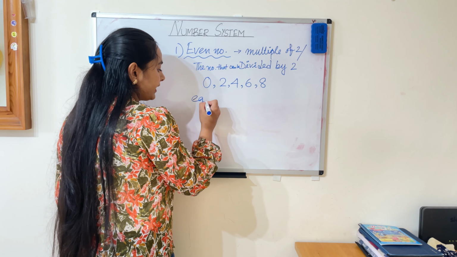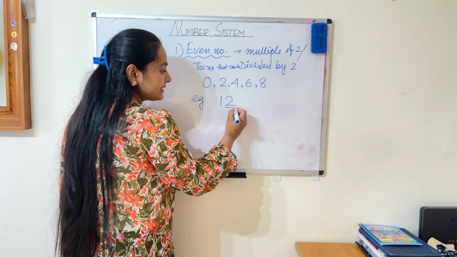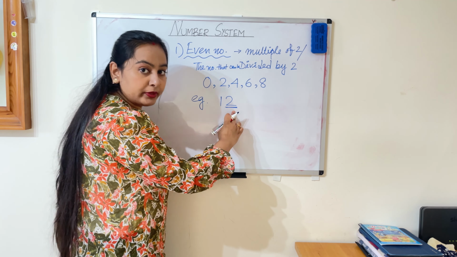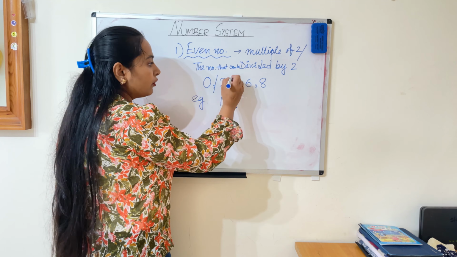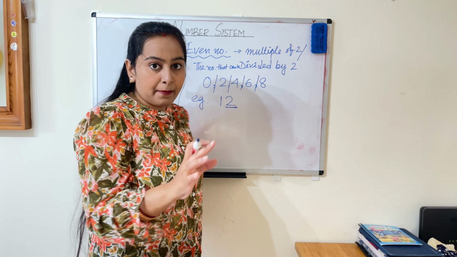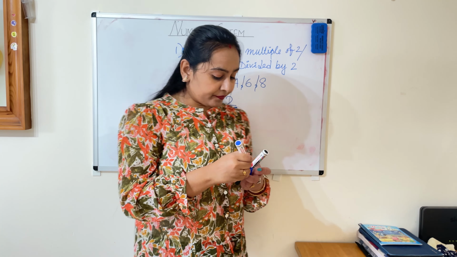Suppose I am giving you an example. Suppose 12. See, in the unit place there is 2. So if at the unit place the digit is 0 or 2 or 4 or 6 or 8, then that number should be considered an even number, right?